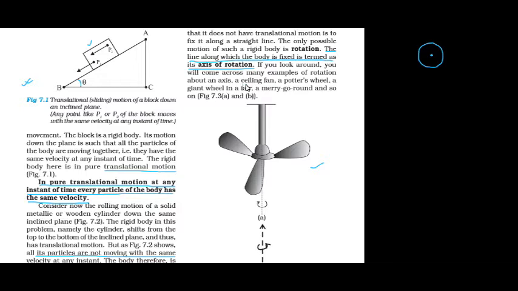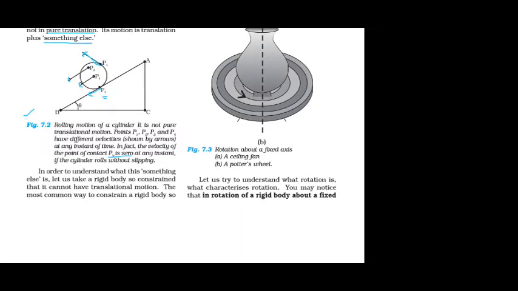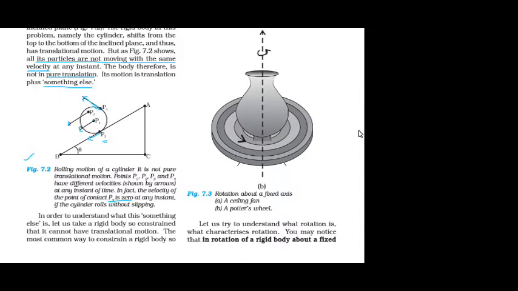Example B is a potter's wheel, which is also rotating about its axis. So two examples are given.